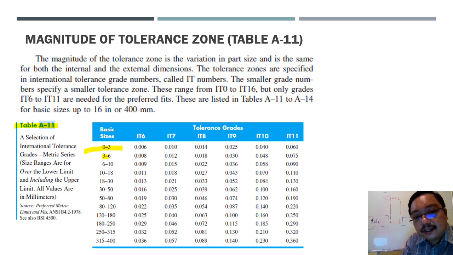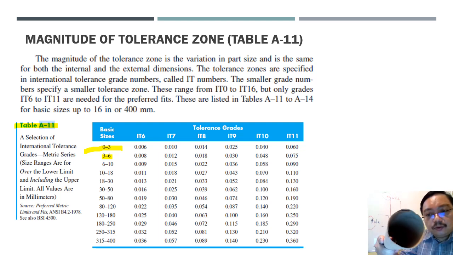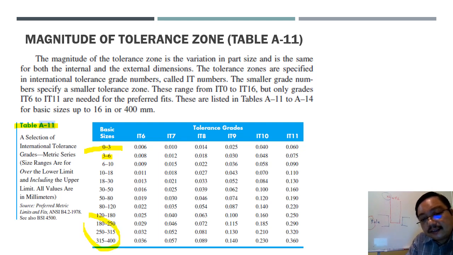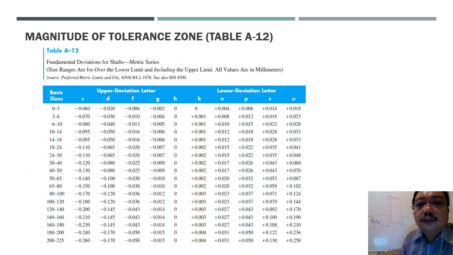However, this hole, with my cardboard representing a hole and this pen going into it as a shaft, means a larger tolerance. Larger tolerance meaning that the value is either below 1. So this is the magnitude of the tolerance zone.